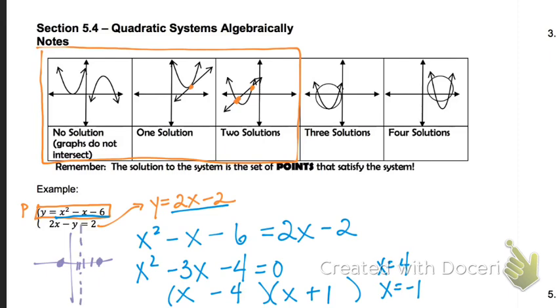And if my x is 1.5, or 3/2, how could I find my y? Plug it back in. So 1.5 minus 4 is negative 2.5.